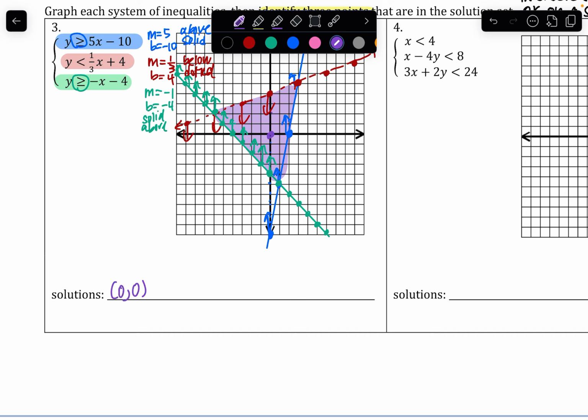We could pick a point on the boundary, a solid boundary, so we could pick a point on the blue, so 2, 0 would work. And then even something on the green, we could pick -1, -2, -3, -4, 0. We can even pick this intersection if we wanted to, which is 1, -5, I believe.